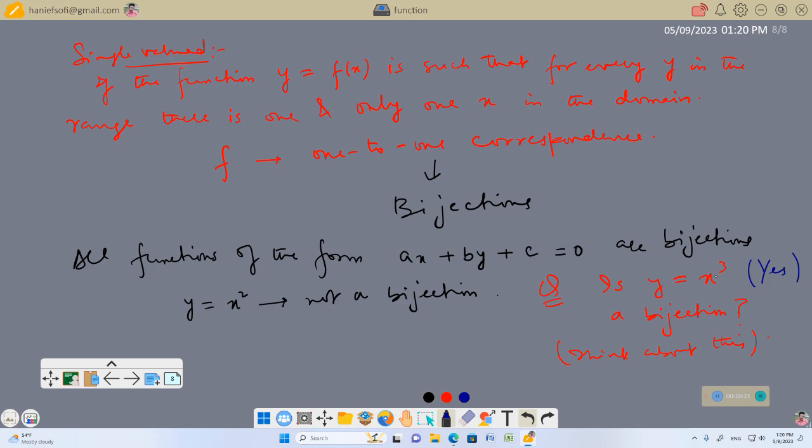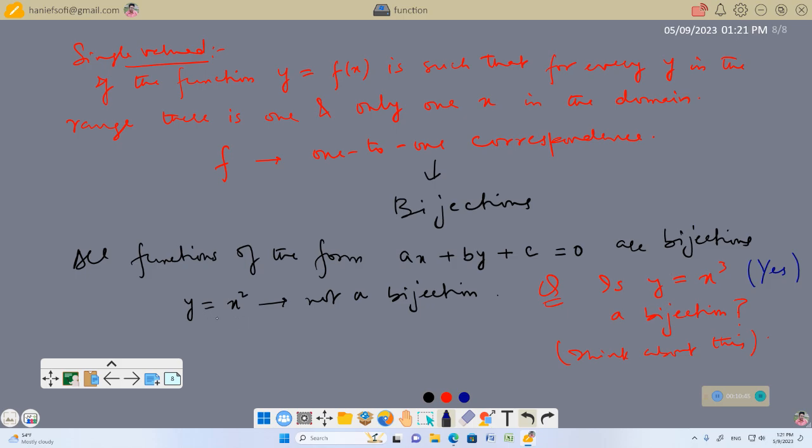Then if you take x as minus 1, then y will become minus 1. That means for y equal to 1, there is just x equal to 1. Only x equal to 1 is connected to that, right?